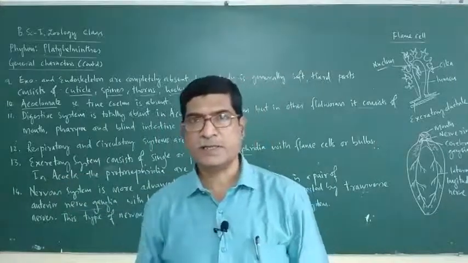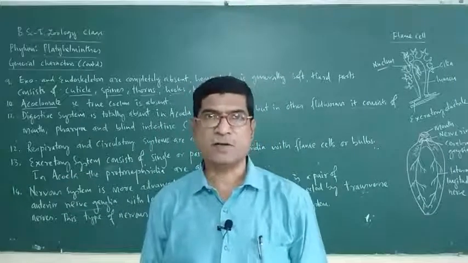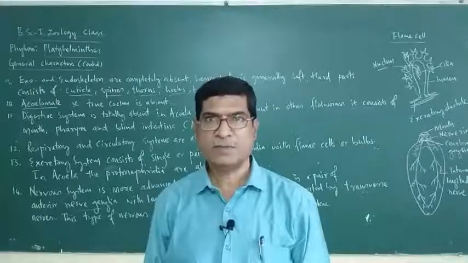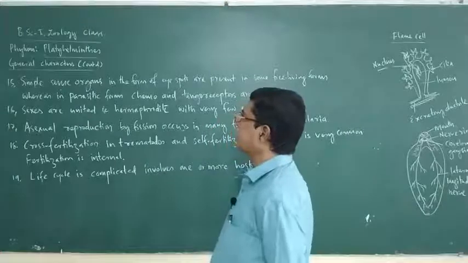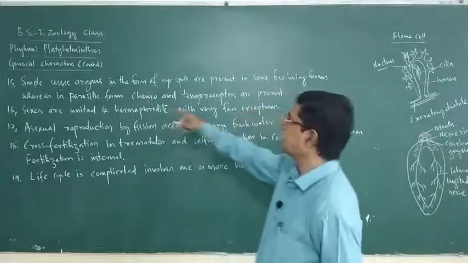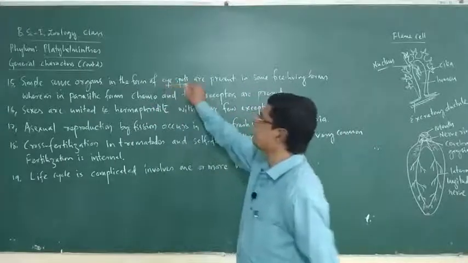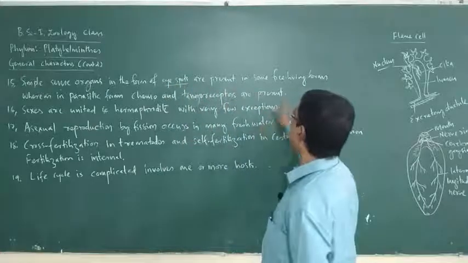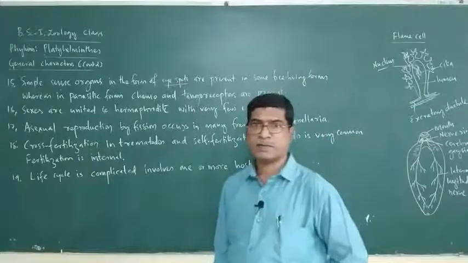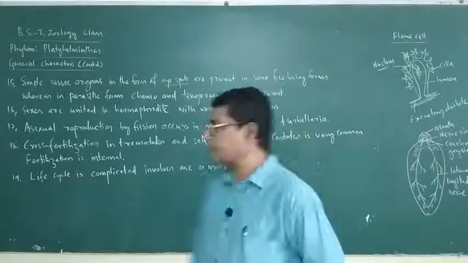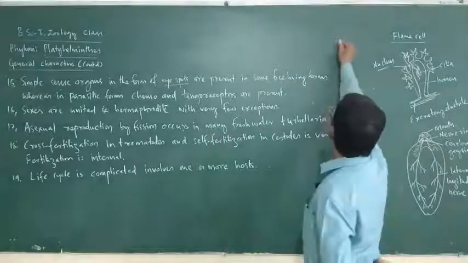Next we shall see some other general characters of the phylum. There are simple sense organs in the form of eye spots. Eye spots are present in some free living forms, like planarians.